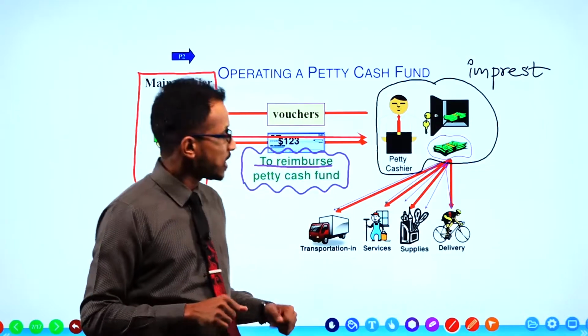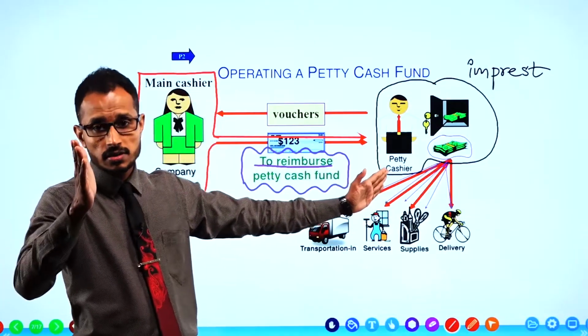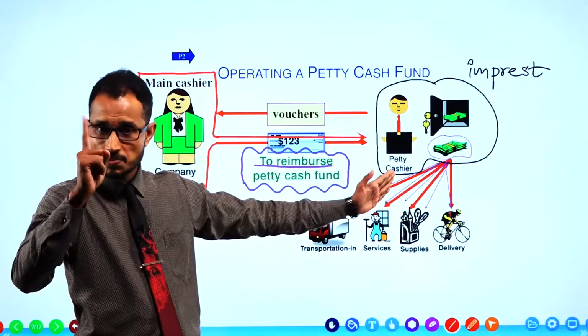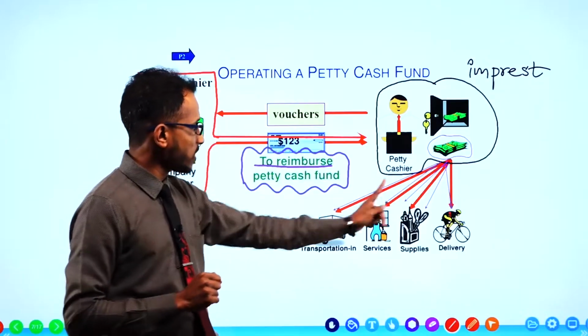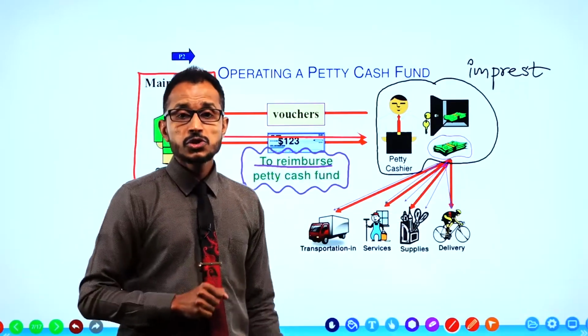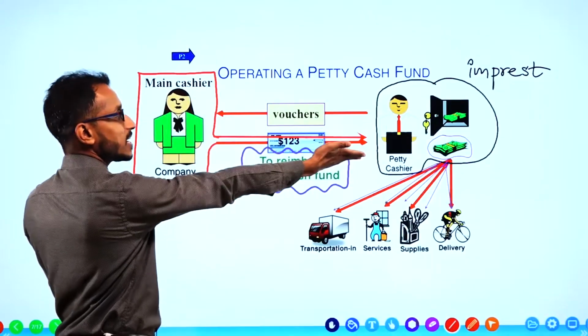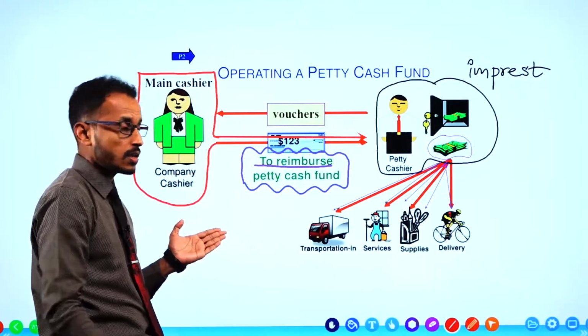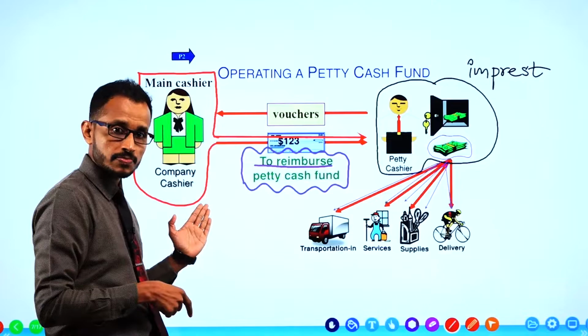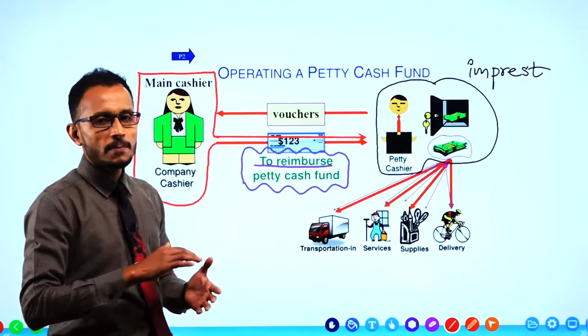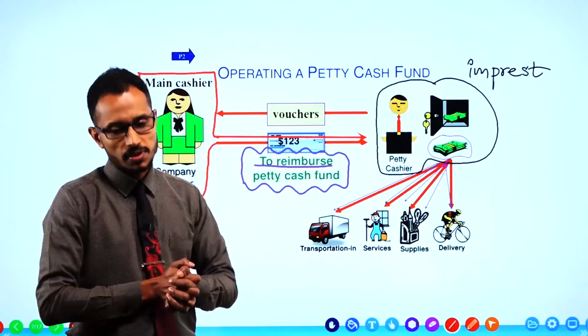Whatever the case is, the spent amount for petty cash expenses during the month should be returned by the main cashier at the end of that month. That is called the petty cash reimbursement.